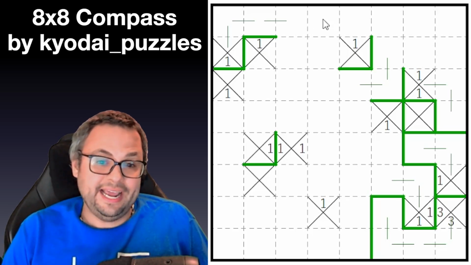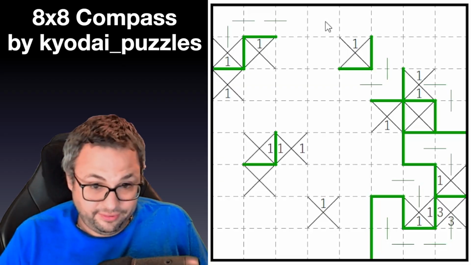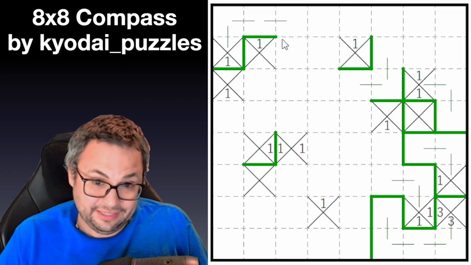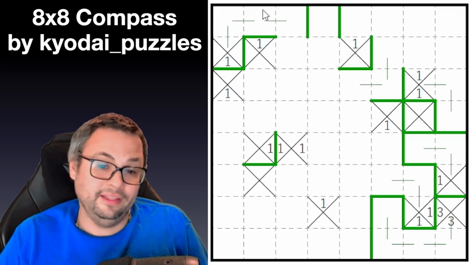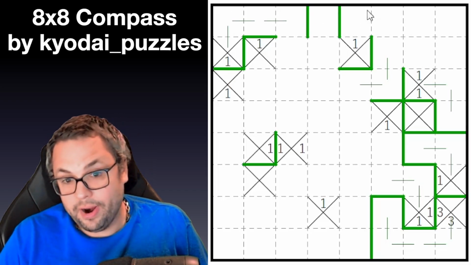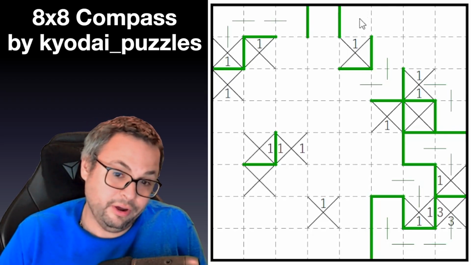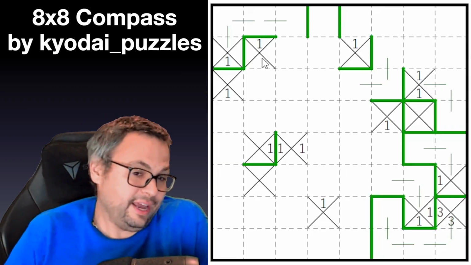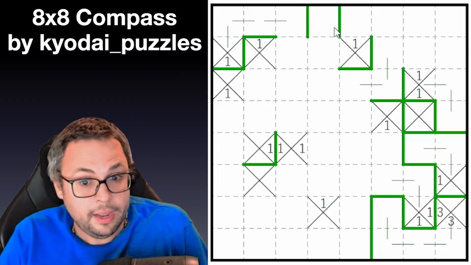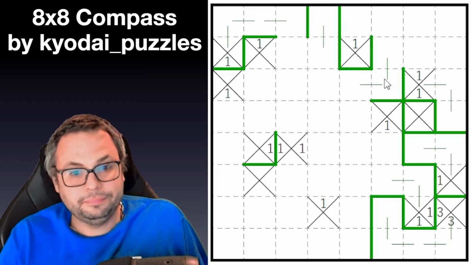That's the only cell it has access to. So this cell connects to that. So it's not connected either to the right or to the left. The left is in a different compass. The right, if it connected there, because it has to connect only to its own compass, would have to connect there, and then it would actually have two cells in the first row, not one. So it connects like that, which then separates it from this compass.